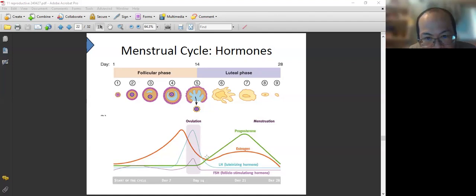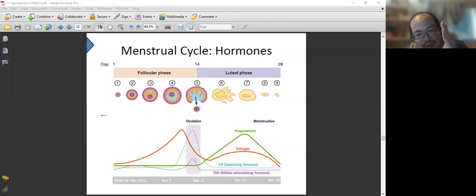However, if you trace back, estrogen gradually increases along with the development of the follicle. With the follicle development, estrogen increases, the female grows, the egg grows, and the uterus gets ready for pregnancy. So that's the estrogen.